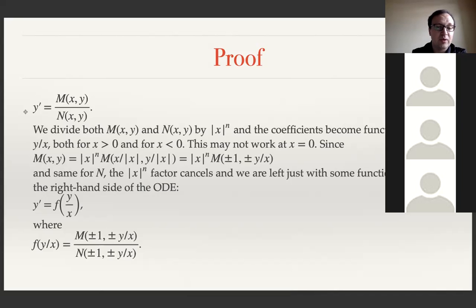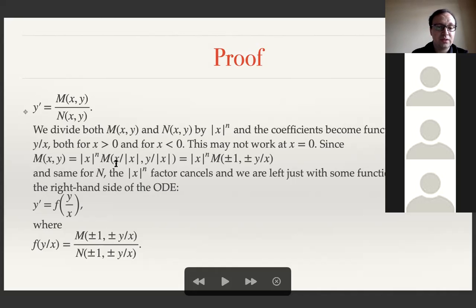And x divided by the absolute value of x, since x is a real number, can only be plus or minus 1. And again, this will not work when x is equal to 0. So we get m of plus or minus 1, according to whether x over absolute value of x is plus or minus 1, and plus or minus y over x, according again to whether x is a positive or a negative number.